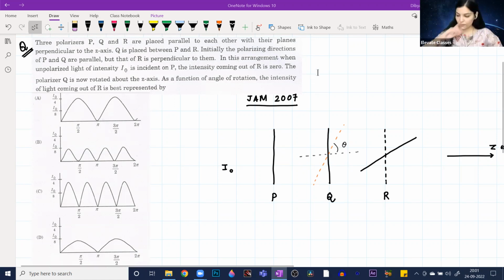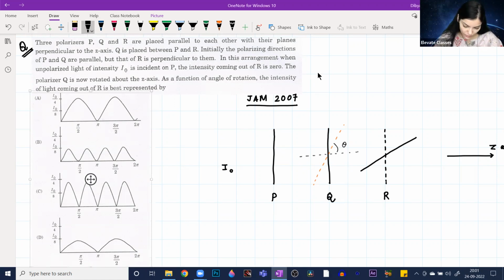Okay, so let us see what we are doing. So first, what is being told to me is that I have an unpolarized light. So here, the incident light is unpolarized.